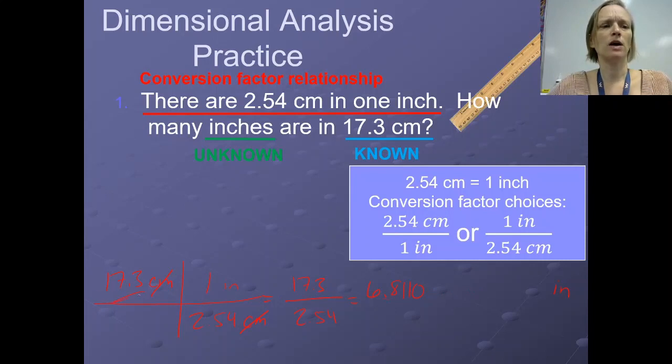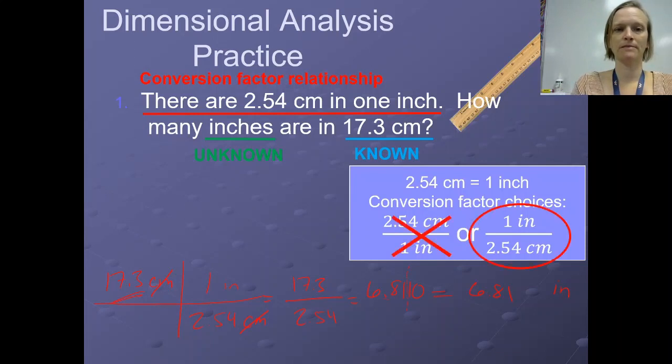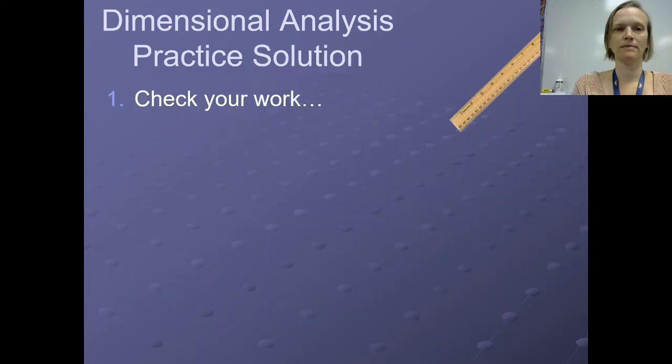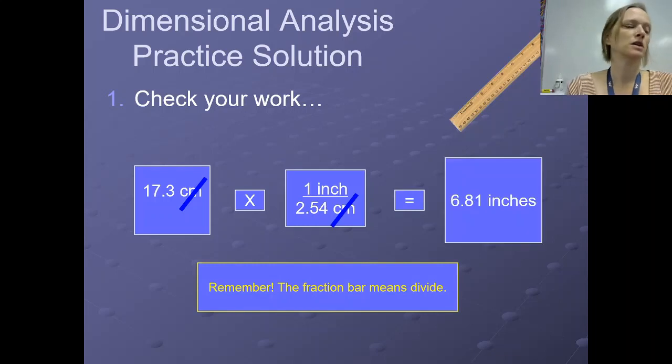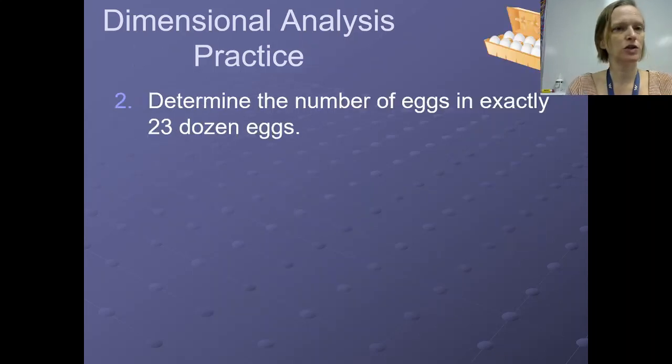My start value has just 3 significant figures, 1, 2, 3 significant figures, so I trim here. Because of this, 6.81 inches is my final answer. Okay. And here you're just checking your answer. So 6.81 inches is your final answer.